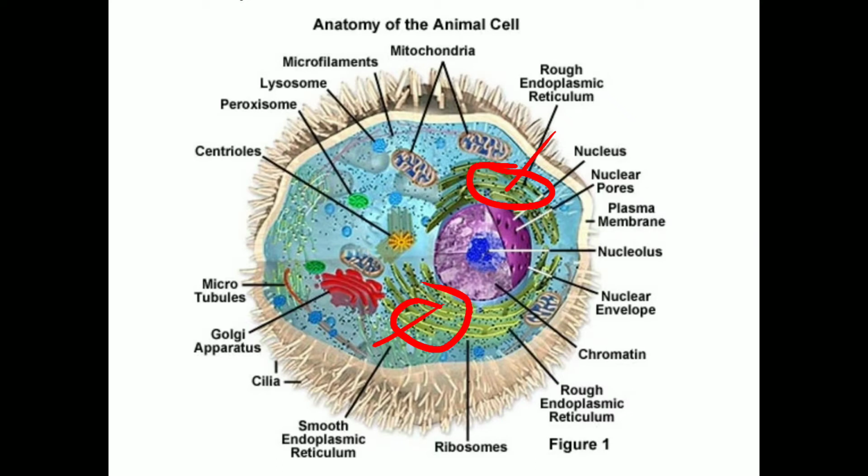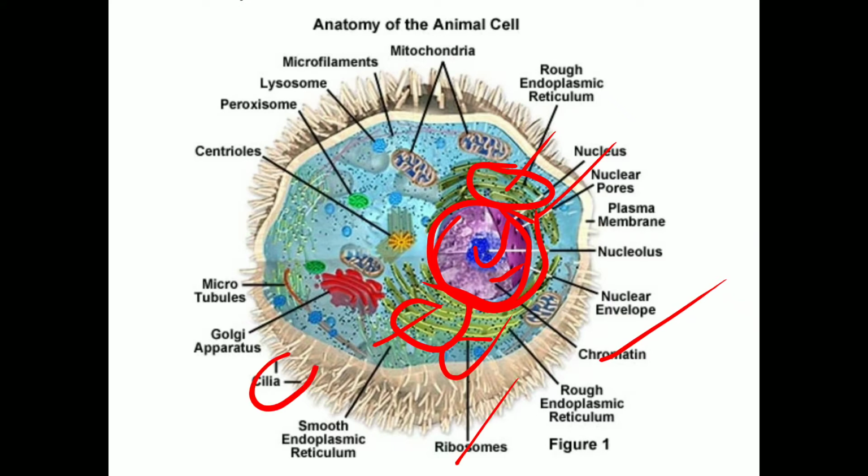Then after that, observe the center is the nucleus and here the nucleolus. Around the structure is the nuclear envelope or nuclear membrane. Then here, see nuclear pores. Here the thread-like structures, chromatin. See here, ribosomes.